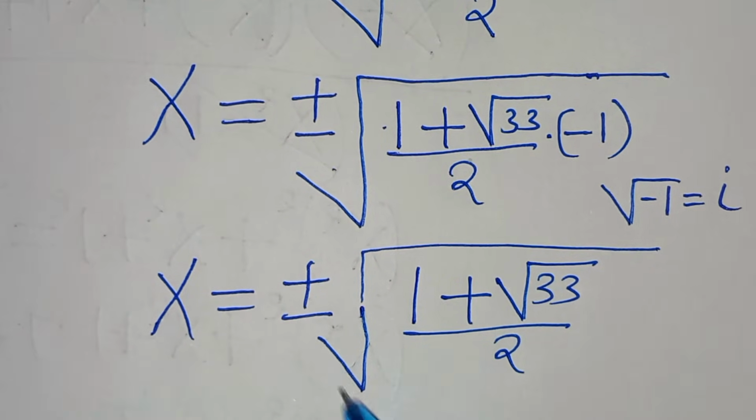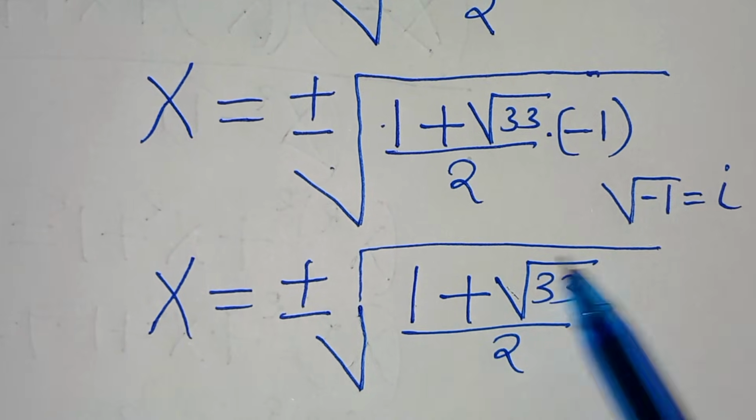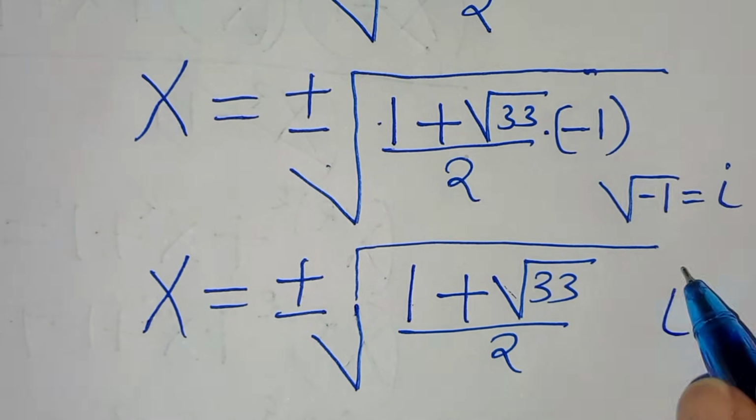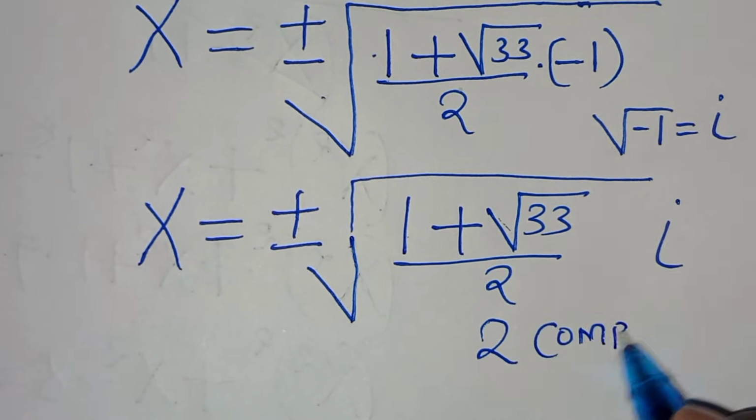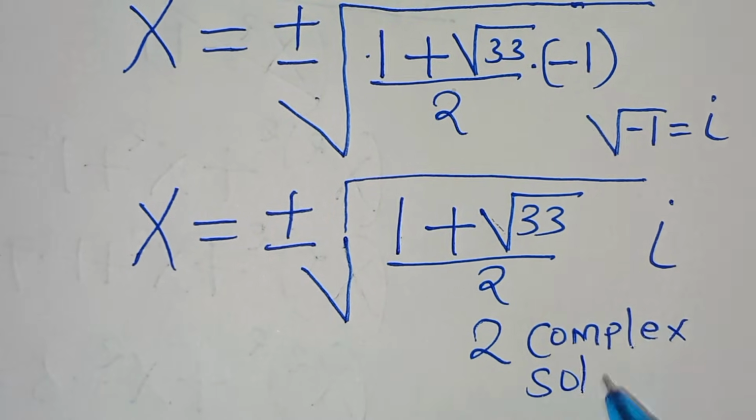So we have plus or minus the square root of 1 plus root 33 over 2, times i. So you find that these are two complex solutions.